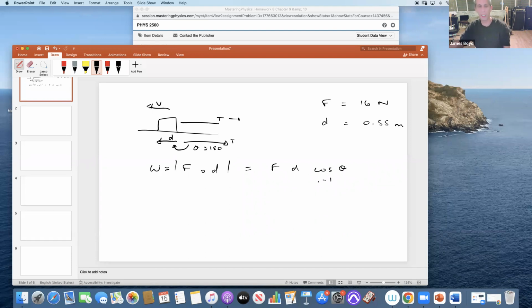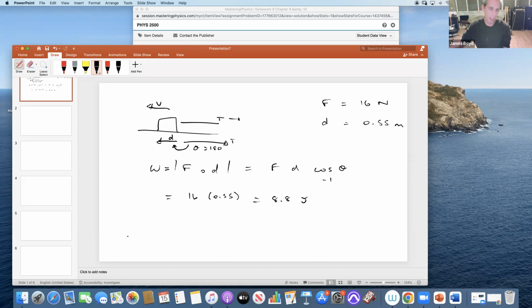But just take the positive digits, the magnitude. So this is 16 times 0.55, which is 8.8 joules or Newton meters. So a joule is a Newton meter.